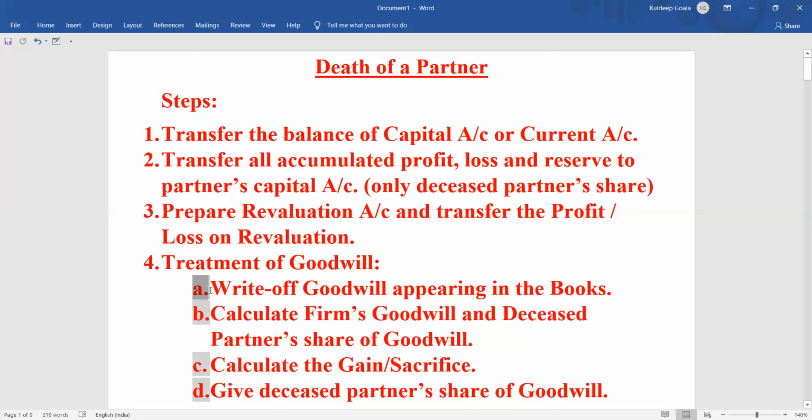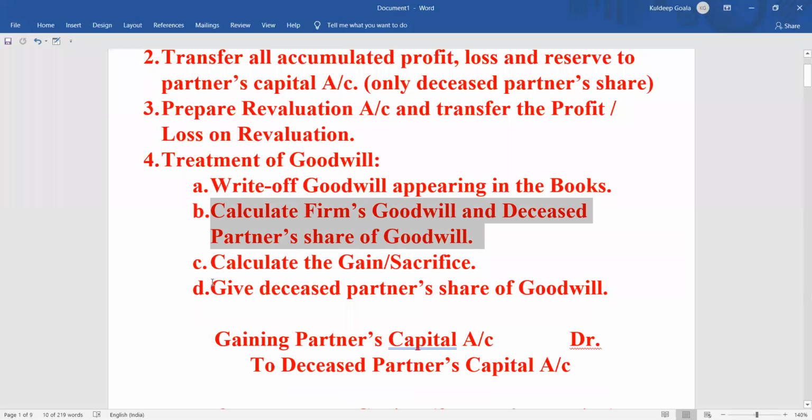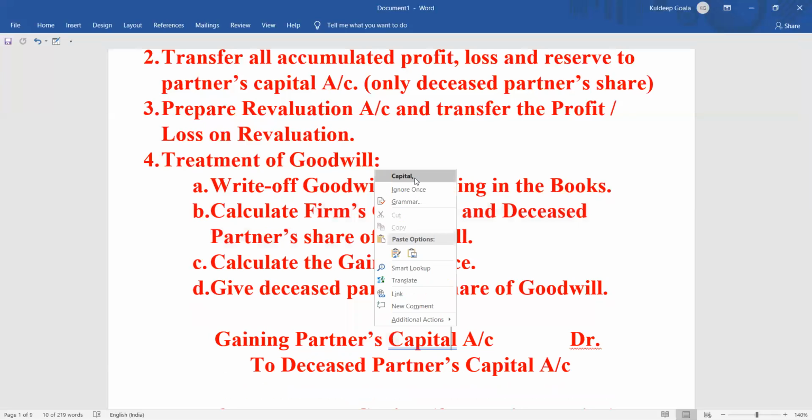After that, we'll find out the present value of the goodwill at the time of death of the partner, and accordingly we'll give him his share of goodwill. And who is going to give? The gaining partners. The entry will be gaining partners' capital account debit to deceased partner's capital account. Clear?